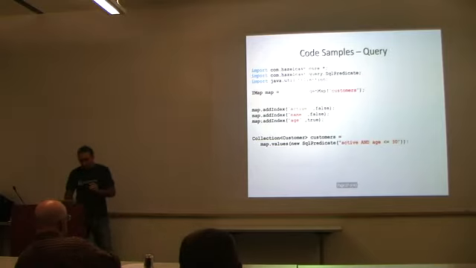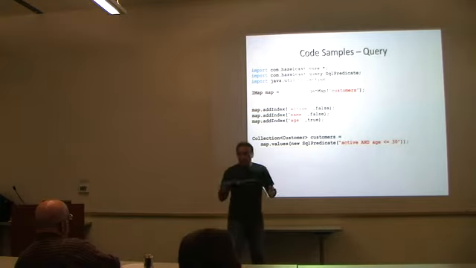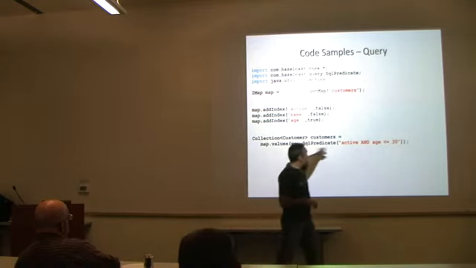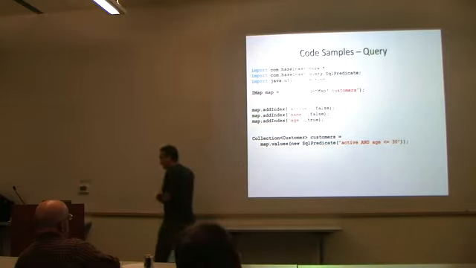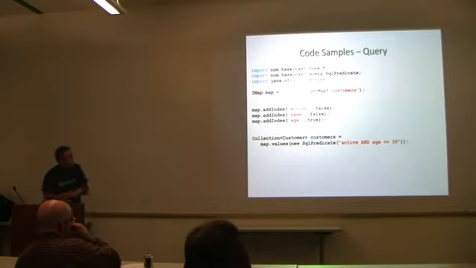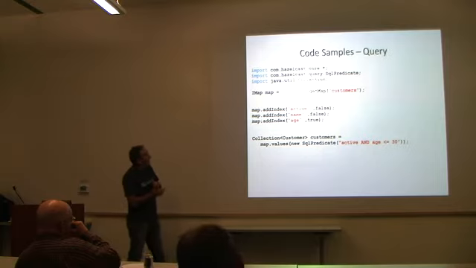For that reason, we built the API internally to avoid all these corner cases. So you can say map.values and just pass a predicate: active and age less than or equal to 30. You can also use indexes, of course.